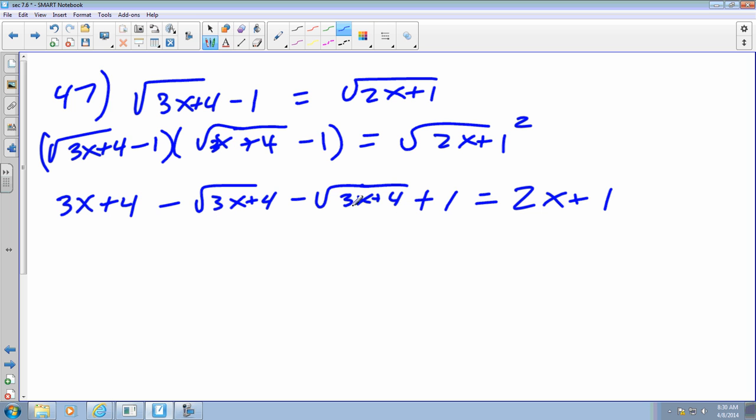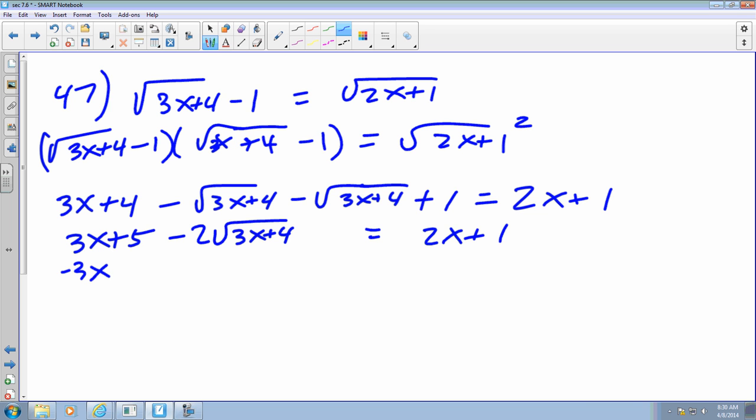Again, let's put our like terms together. I'm going to have 3x plus 5 and minus 2 square roots of 3x plus 4 equals 2x plus 1 minus the 3x minus the 5.